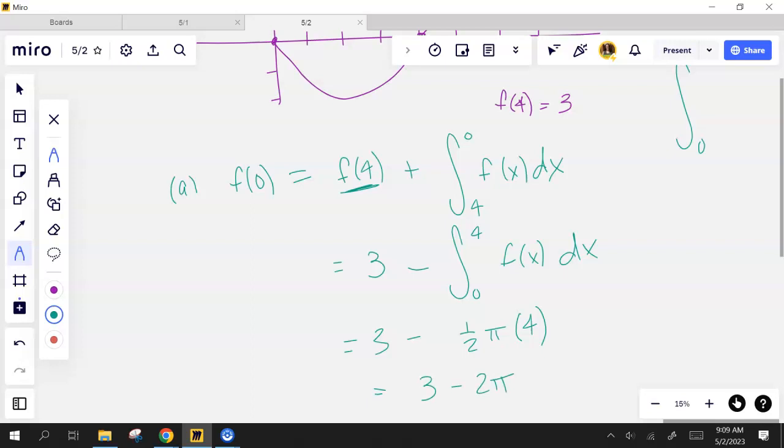No. This is negative because it's under, so it becomes 3 plus 2 pi.